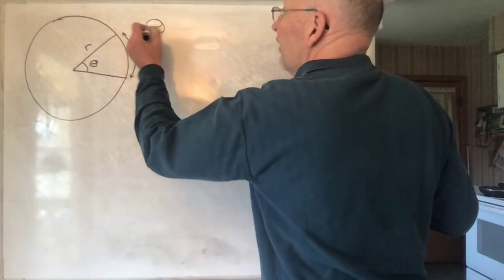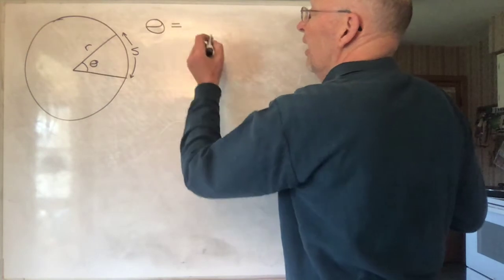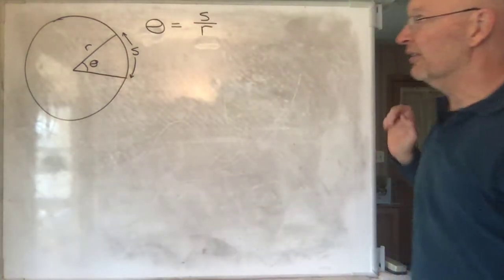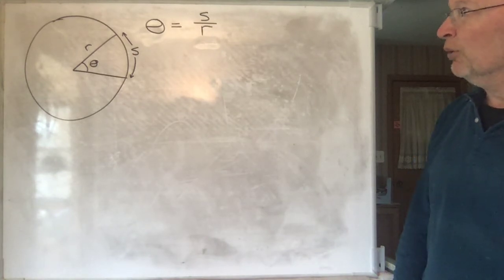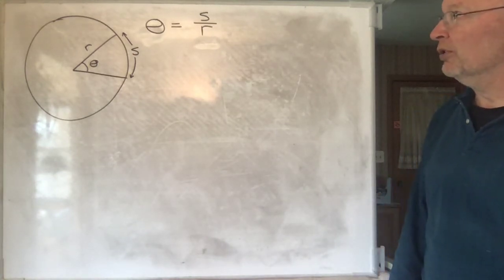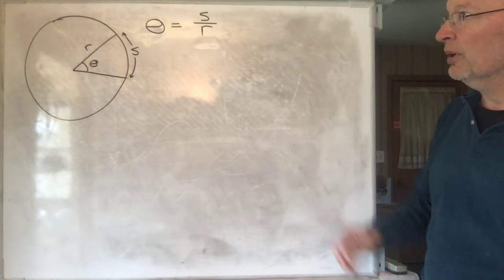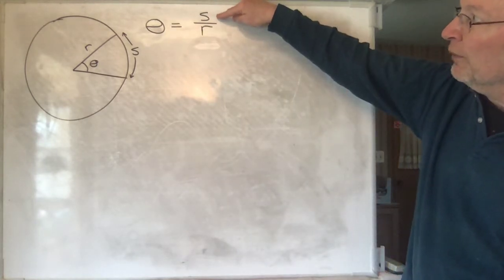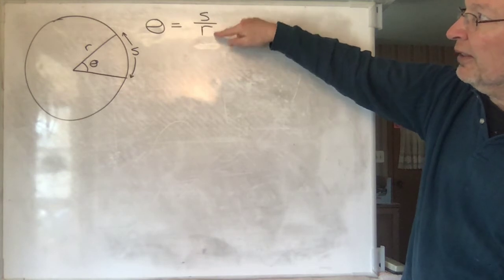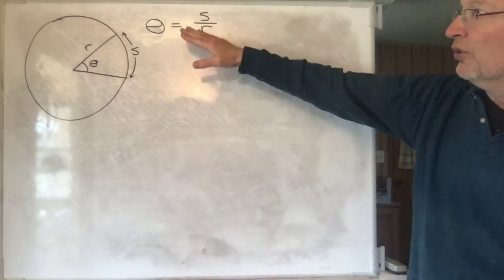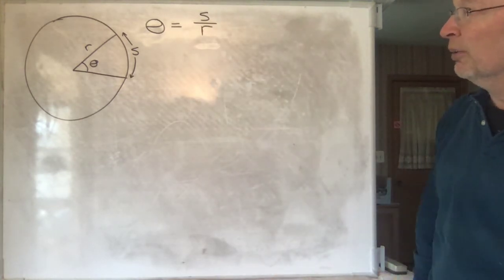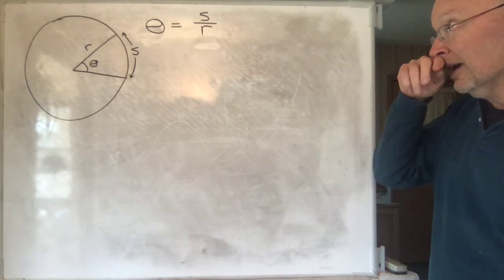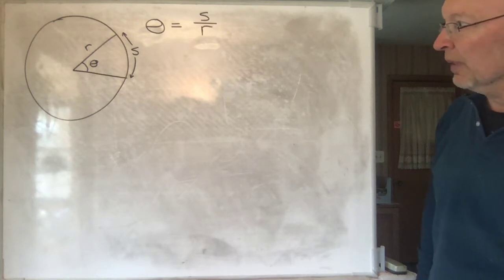So that's the definition of an angle in radian measure, S divided by R. It's very simple, but it's counterintuitive, mainly just because people are used to degree measure. But there it is. It's a pure number. This would have units of length, and this would have units of length, and so those units cancel out. So you're just talking about a pure number, and you can deal with it as such. So that's called angular measure in radians.